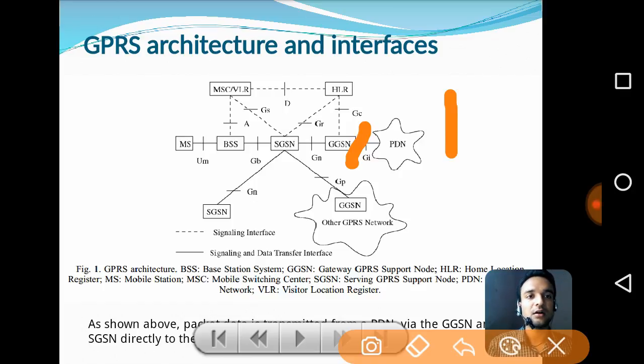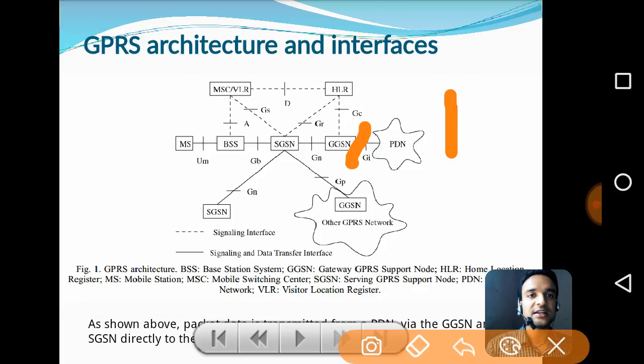All the MS profiles, all the mobile station profiles, can be accessed from the HLR. VLR stands for Visiting Location Register, which we have already studied in the GSM tutorial. The VLR keeps track of all the information of the roaming mobile stations. Those details are kept in the VLR.